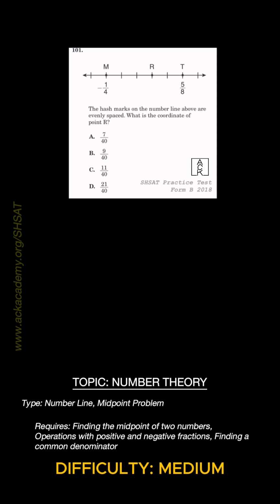I think there's a few ways to do this. But let's find out what the difference between this point and this point is, so we can use that as a sort of anchor.